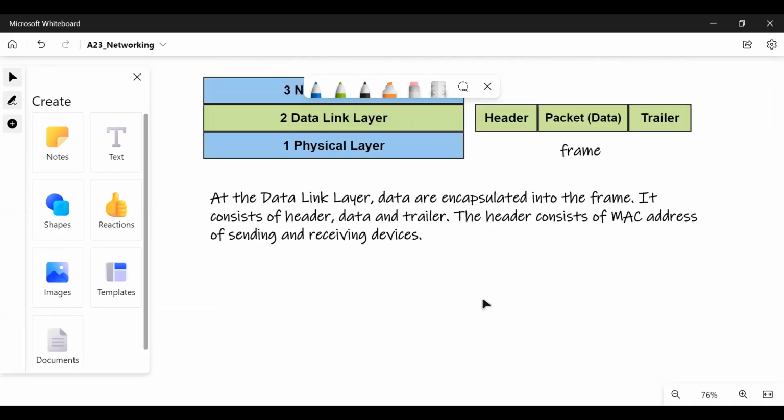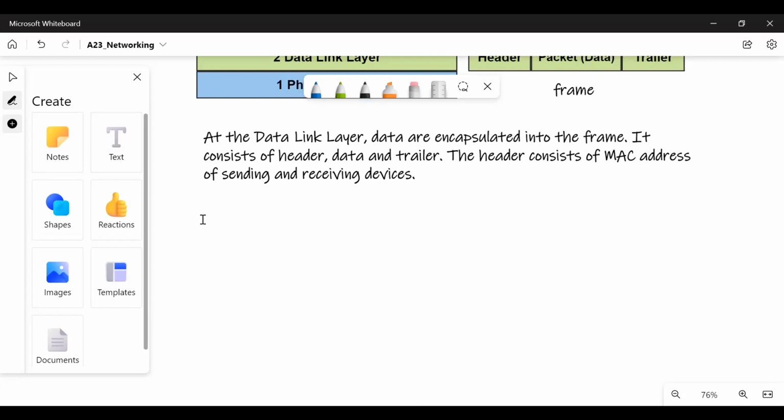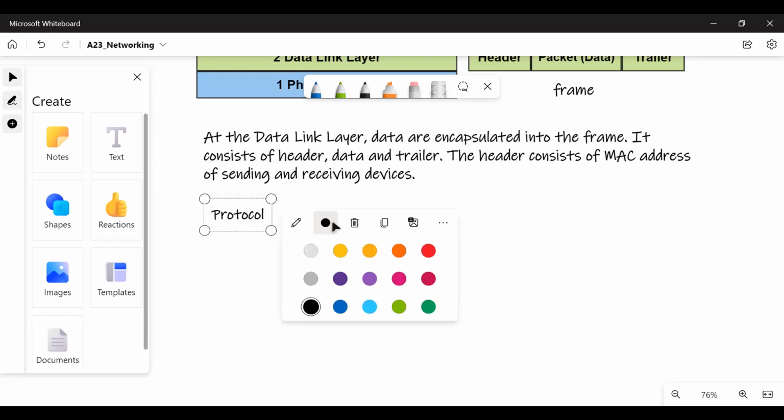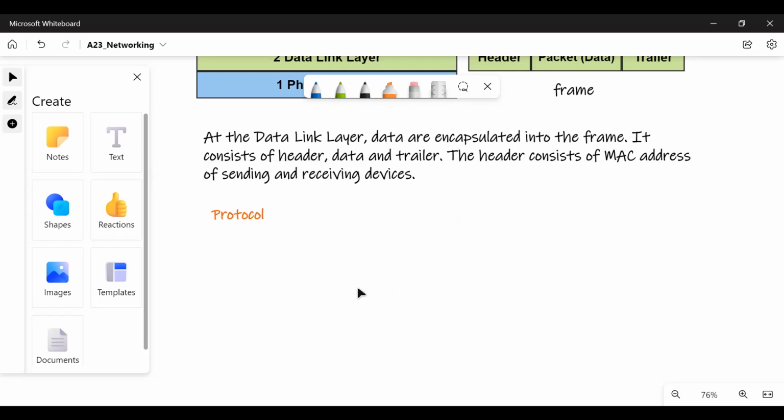Right. As the next one, we are going to look at what a protocol is. When you talk about the protocol, it's an interesting point we need to discuss. Whenever we want to send data between two network devices, we have to define what the format of the data is, right?